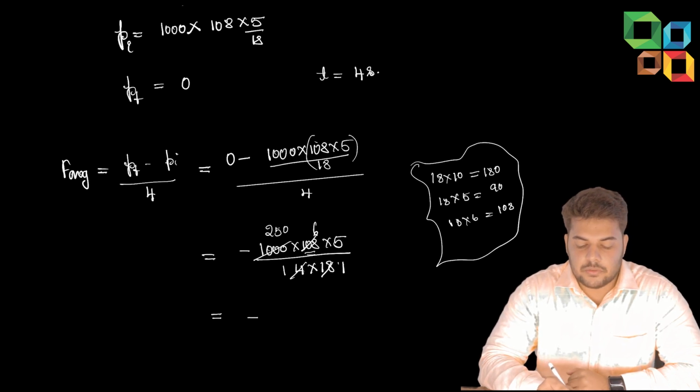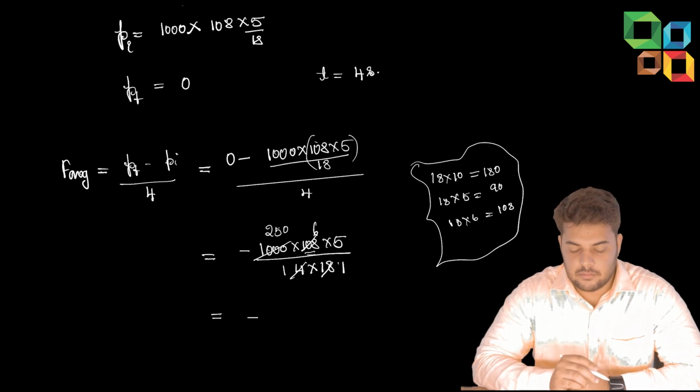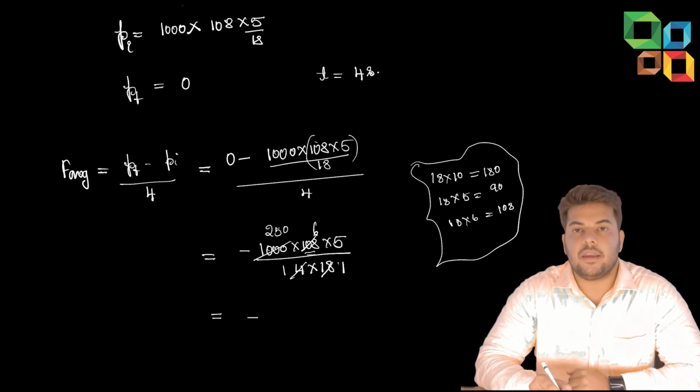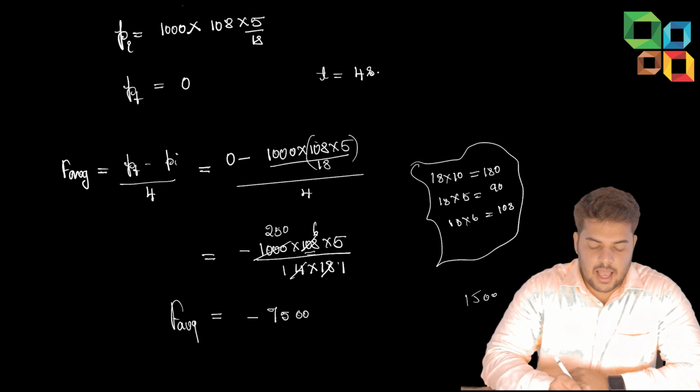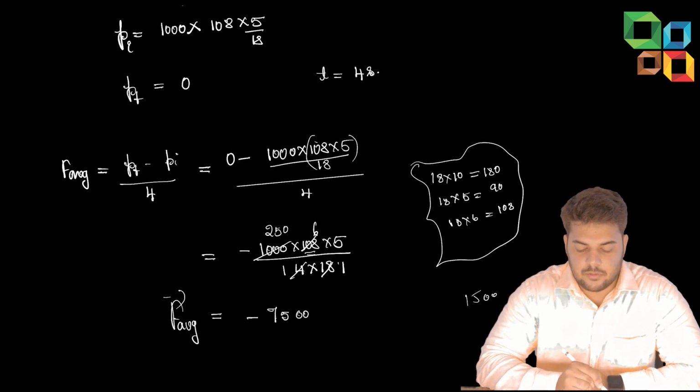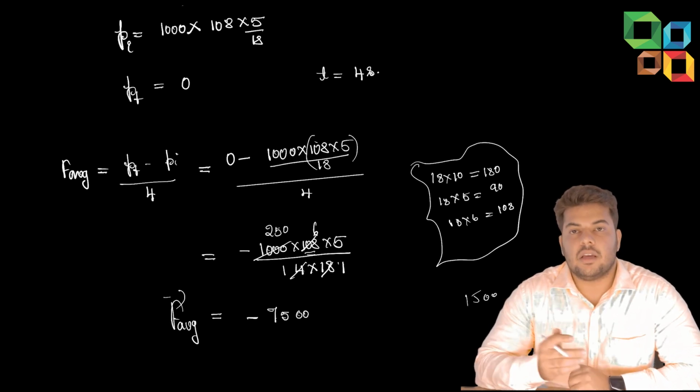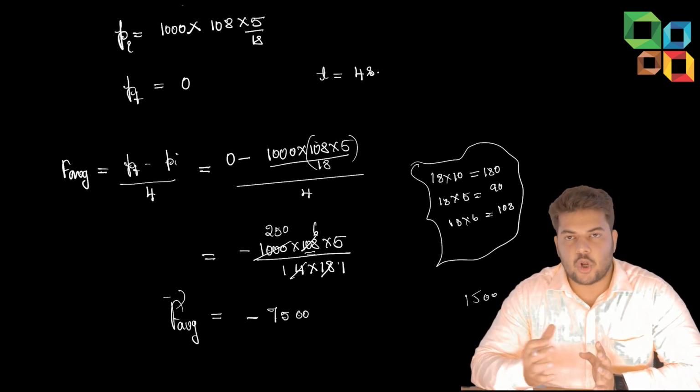All right. So 1000, this goes once and this goes 250 times. Now all that remains to do is to multiply these things out. So minus 250 into 6 would be, let's see, 1500, isn't it? 250 into 6 would be 1500. So 1500 into 5 would be 7500. So the average force is negative, meaning it's a retarding force, which means that it stops the car, isn't it?